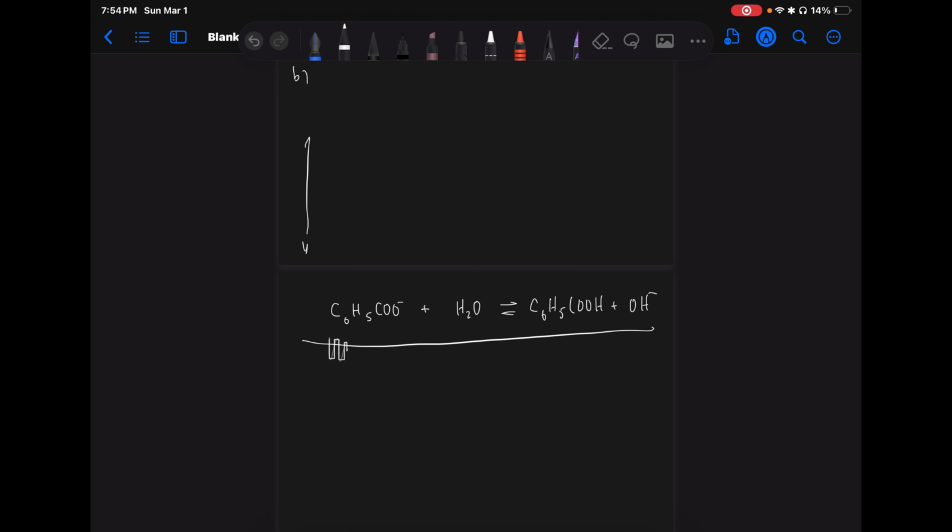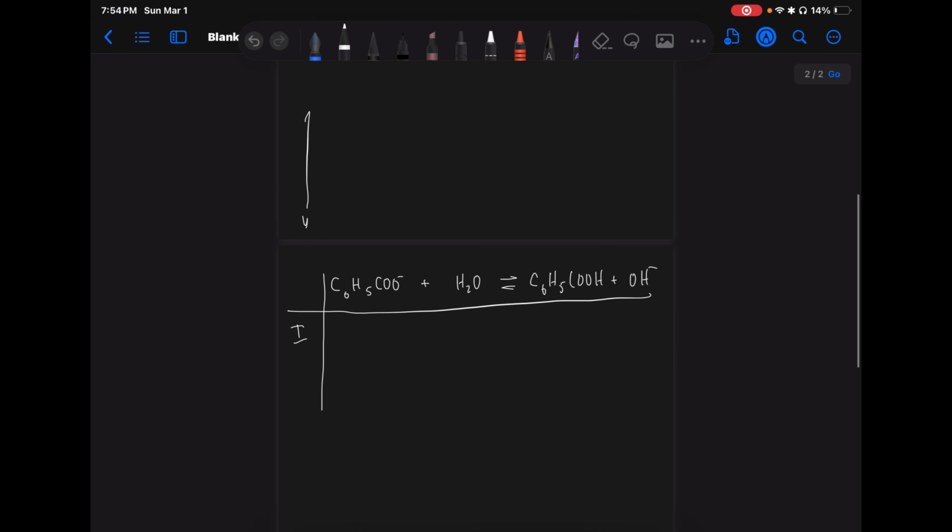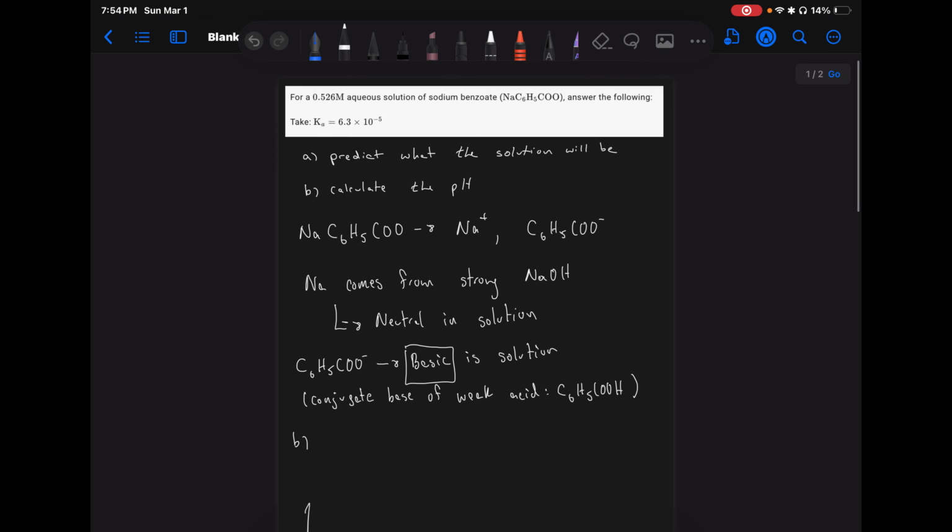So we've got initial, change, and equilibrium.